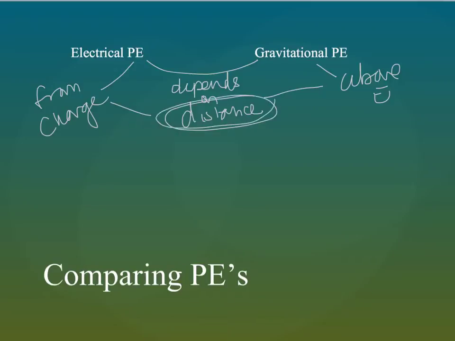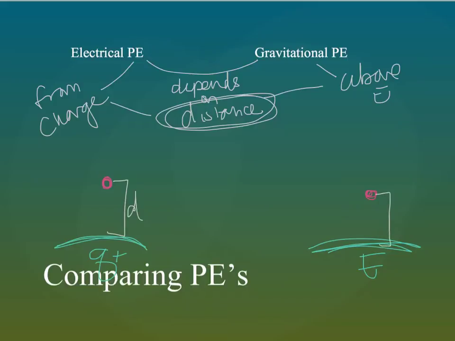That's really important. Like the picture I drew, if you have the Earth here, or we have a charge here, this is a charge, this is Earth, it just depends on where our particle is and the distance between that and the object.